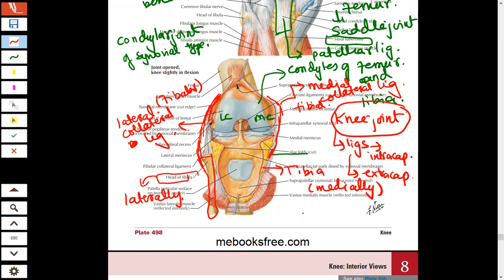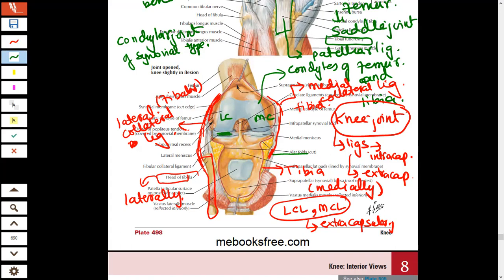So please remember that lateral collateral ligament and medial collateral ligament, these two ligaments are extracapsular. They are outside the joint. Extracapsular ligaments. Okay. Now coming to the inside of the joint. So inside of the joint, see this one now.